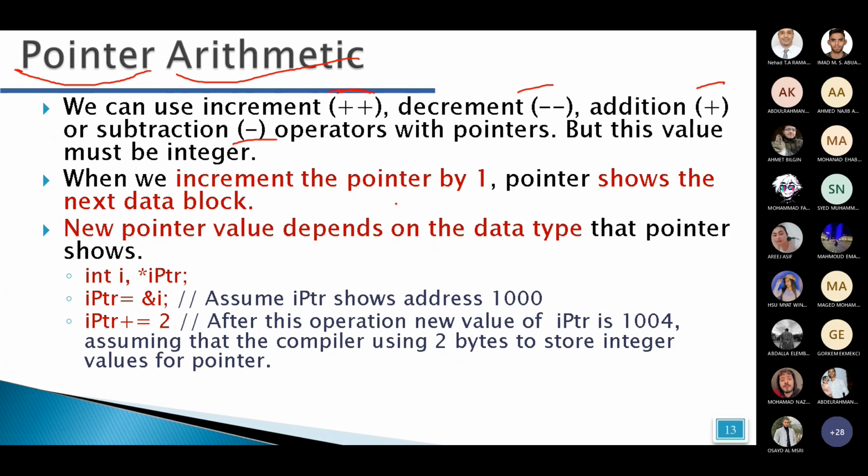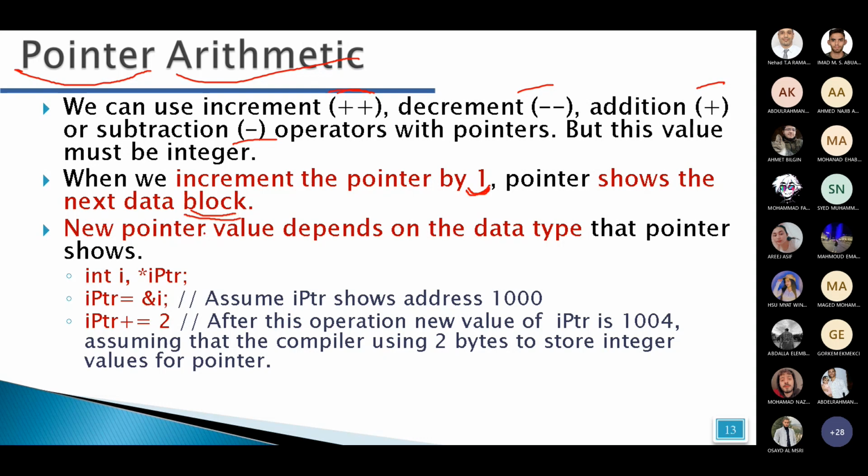So when we say increment the pointer by 1, it means make the pointer point to the second block or the next block. And the block has different size, depending on the data type and depending on the compiler.